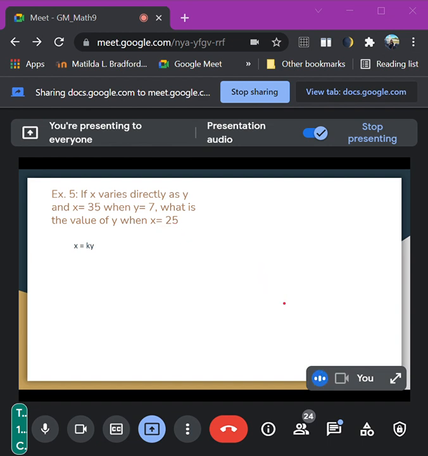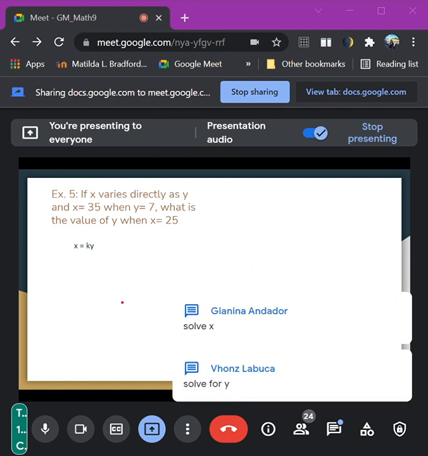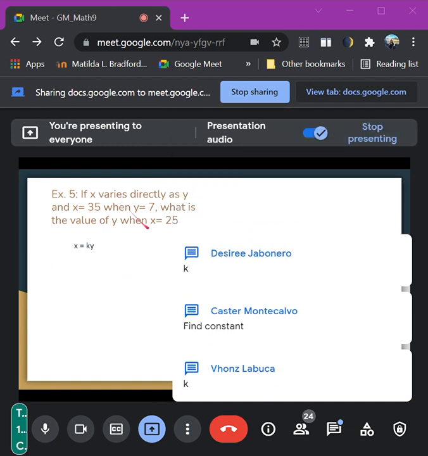So, how do we get the value of y here, class? What we need to do first is the same thing as what we did in our example 3 and 4. We need to solve for the constant first, so that you can get your value of y when x is 25.